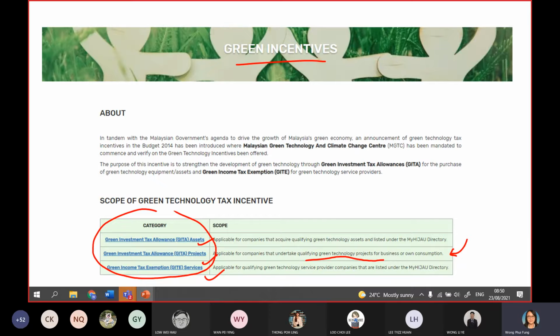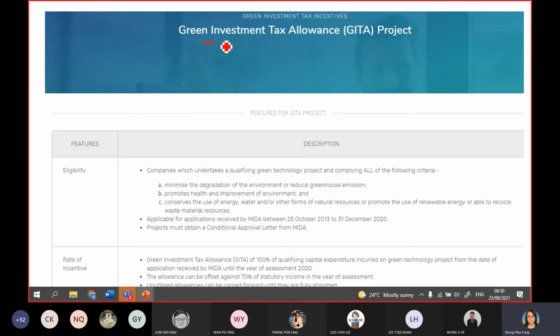Under this Green Investment Tax Allowance, you can read who is eligible to apply and what form of incentive is given to them if they kickstart a green building project. So that is the second initiative under development funding together with sustainability.